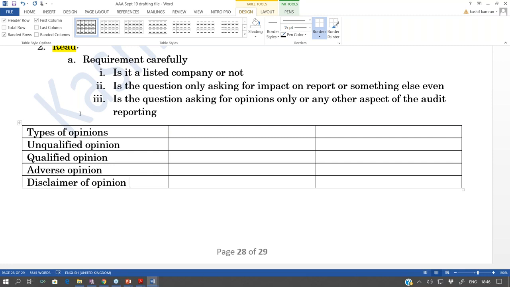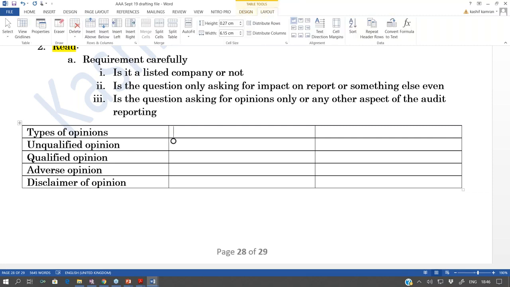Then comes the next thing, which is known as the additional components of the audit report.